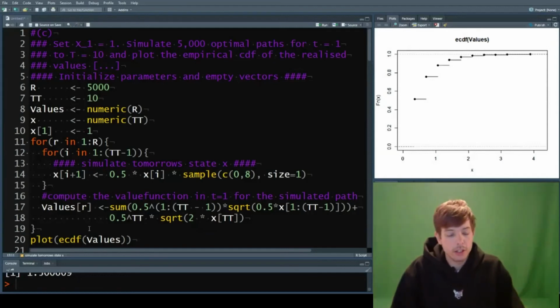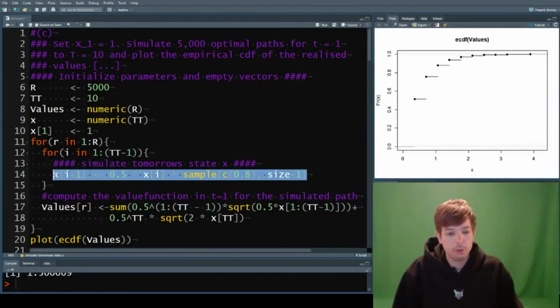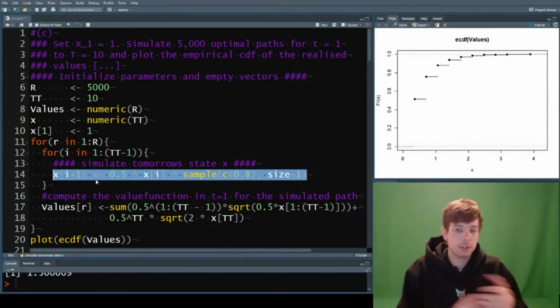That is, we sum over all the utilities over time, from today, to tomorrow, to the day after tomorrow. And we can do this in this case because we have simulated the whole path. So we have taken the stochastic nature of our problem and simulated it to get a realization of the problem.